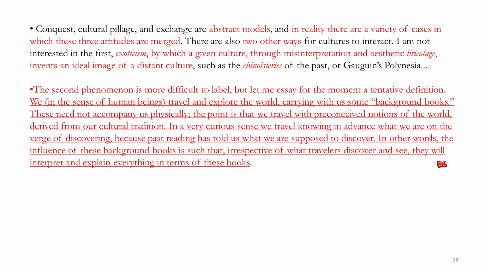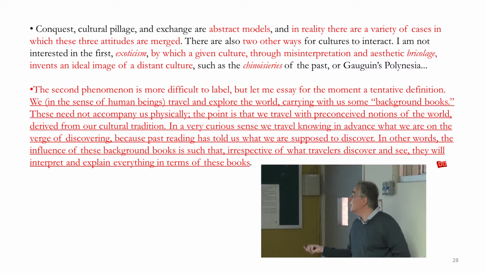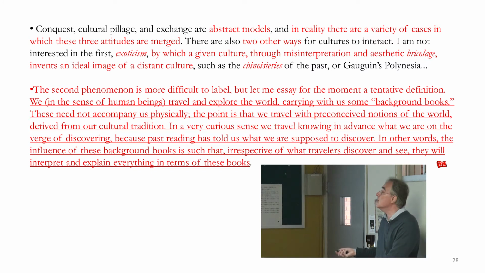So let's read it. We, in the sense of human beings, travel and explore the world, carrying with us some background books. These need not accompany us physically. The point is that we travel with preconceived notions of the world derived from our cultural tradition.